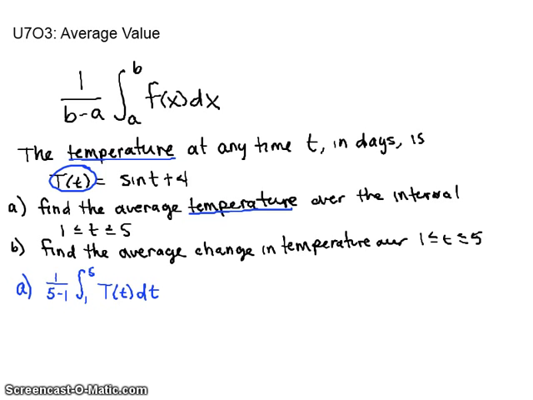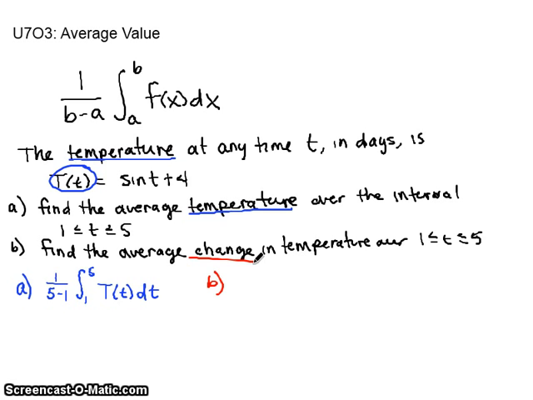And then we would just integrate, find our answer, and that's going to be the average temperature. The second part, the average change, is a little bit different but still not bad. When they say average change, they're not asking for the average of T, they're asking for the average change or the average rate of change.